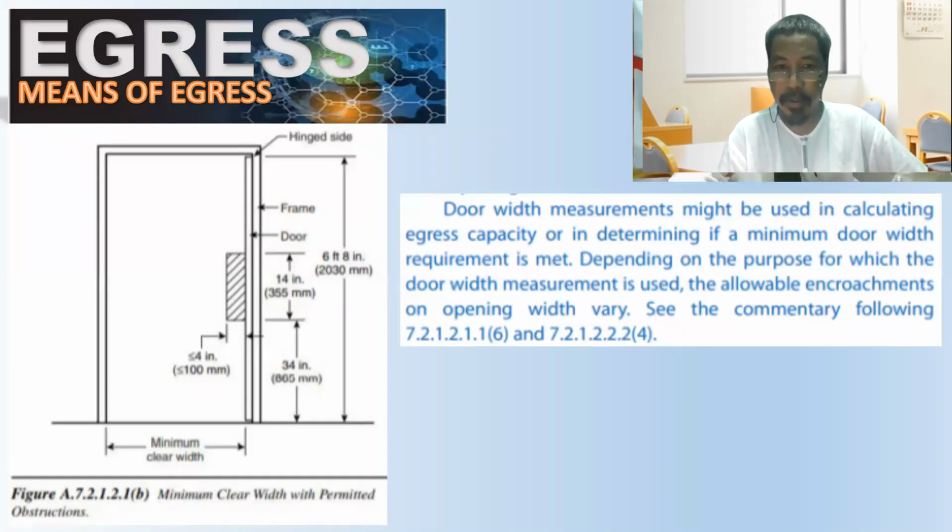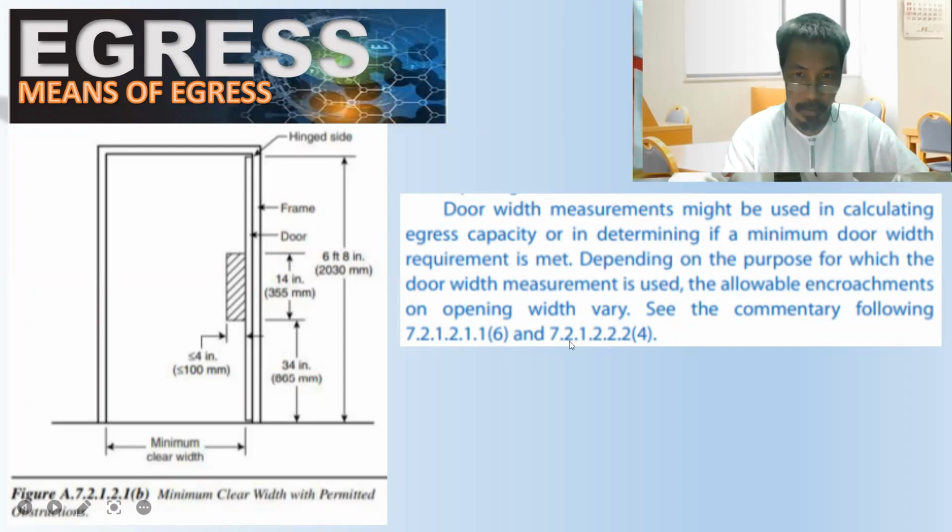The allowable encroachments on the opening will vary. Okay, so I think it is in terms of percentage. See the commentary in this specific subparagraph, 7.2.1.2.1.1 paragraph 6 and paragraph 4.